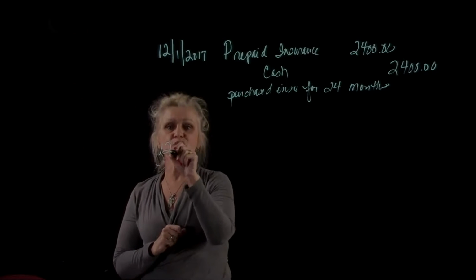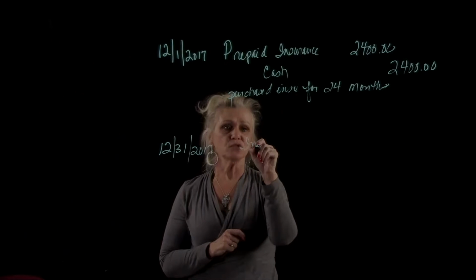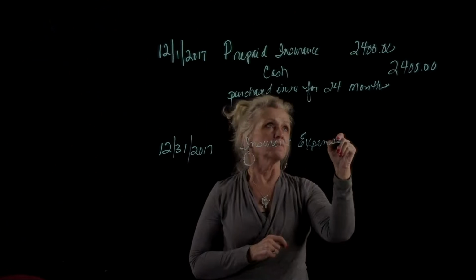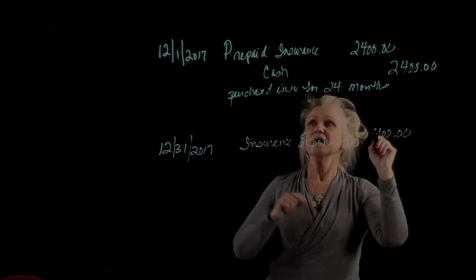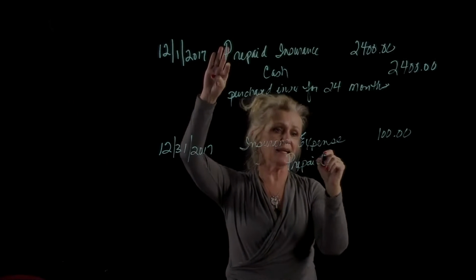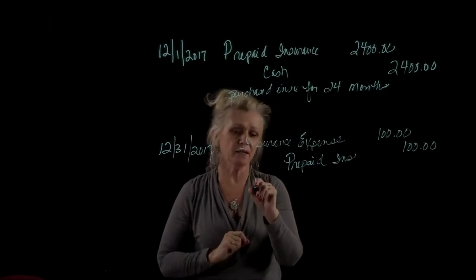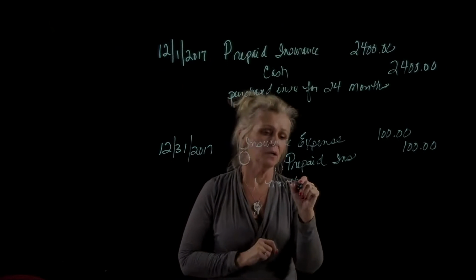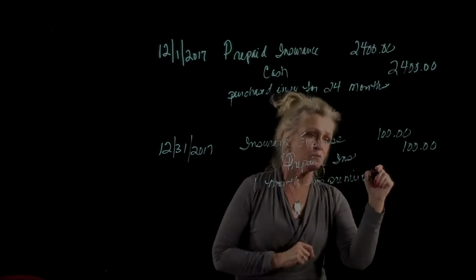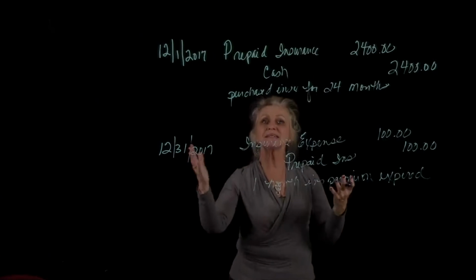So we say on 12/31/2017, we had $100 of insurance expense, and we would reduce that prepaid insurance, that asset account, by $100. And then we would say 1 month insurance premium expired. So that gets us correct for 2017.